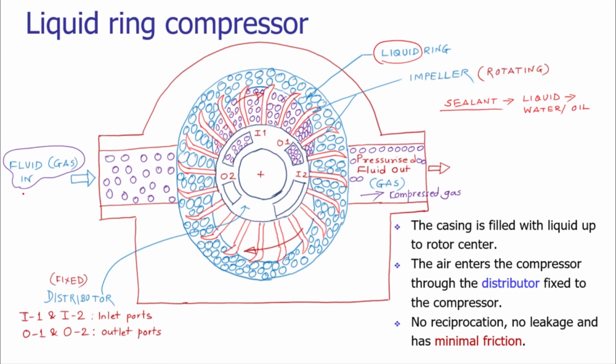The piston takes the fluid in and compresses it. The same operation is done by the variable space created by the liquid ring along with the vanes. The advantage of such operation is that there is no reciprocation, there is no leakage, and thus it has minimal friction, which leads to increased efficiency of this system.